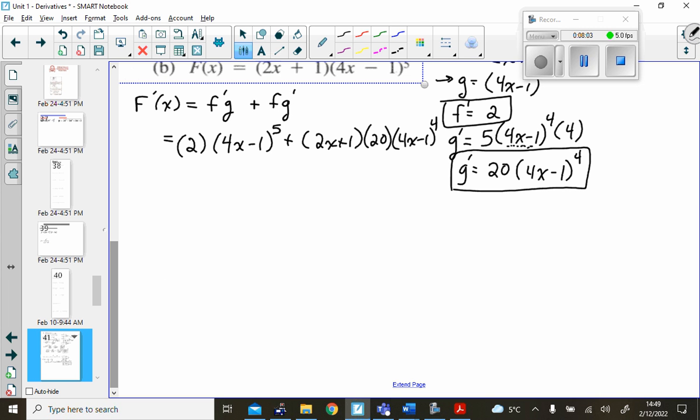So there's now 2 terms here. This term and that term with 3 things in it. I actually see a common factor. I see 4x minus 1 here and 4x minus 1 there. And in fact, I see 4 of them in one and 5 in the other. So I can take 4x minus 1 to the 4th out of both terms.